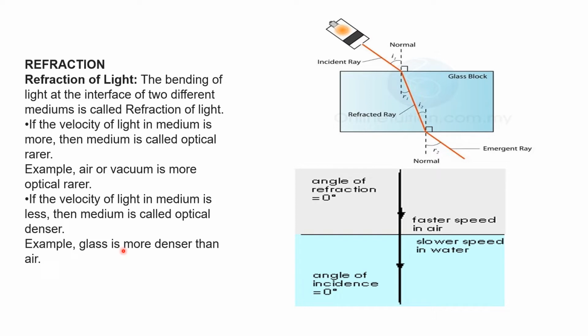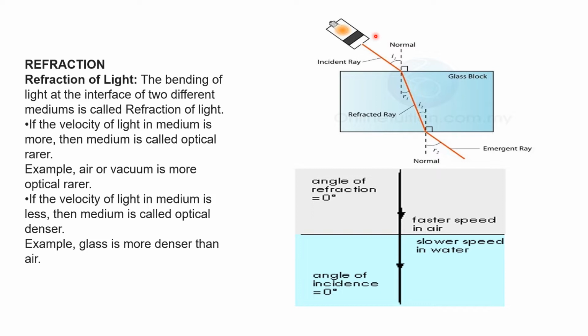Here I have taken a medium. This medium is a glass block, or we can say glass slab. Light is coming from air to the glass slab at the point where the two media meet, the boundary of the two media. This ray of light will get bent because light is traveling from a rarer to a denser medium.